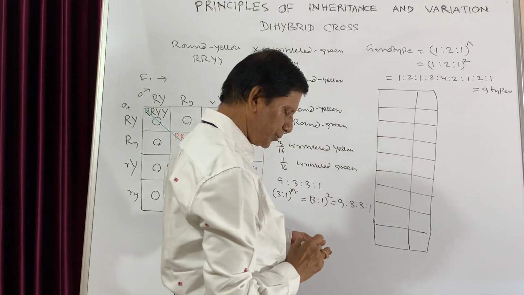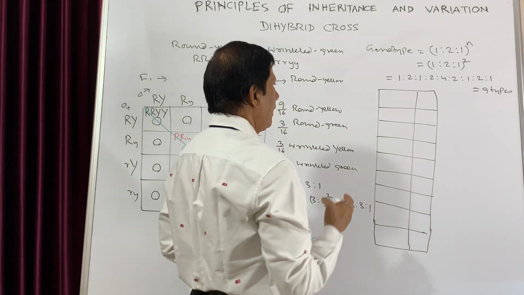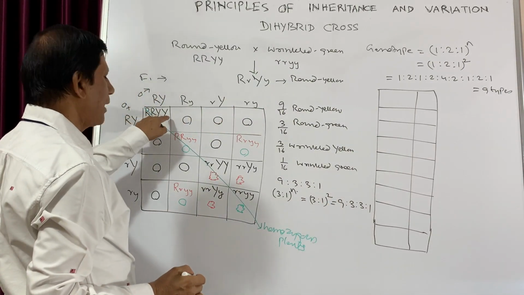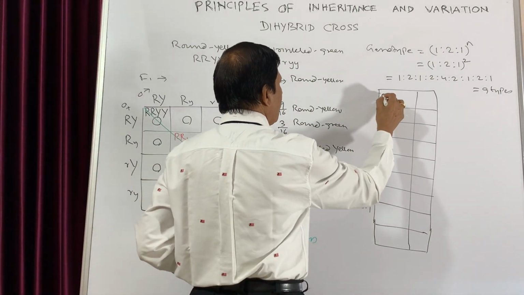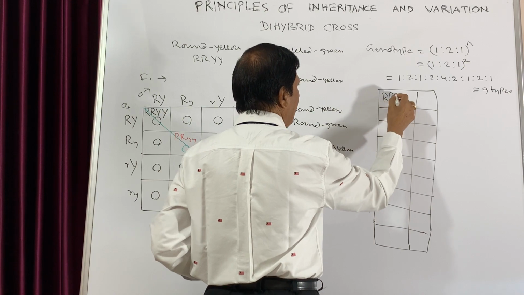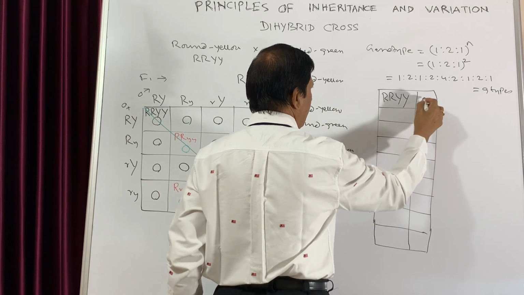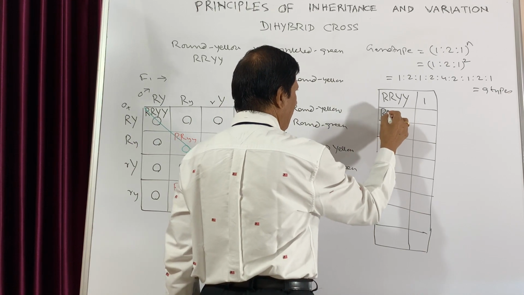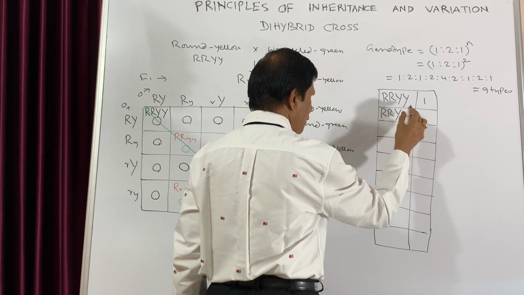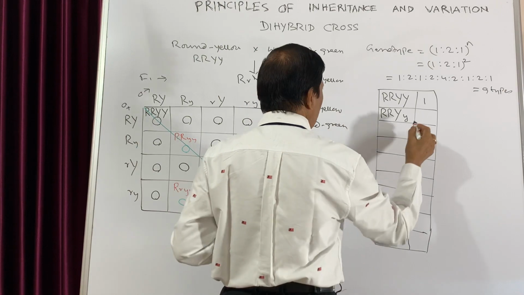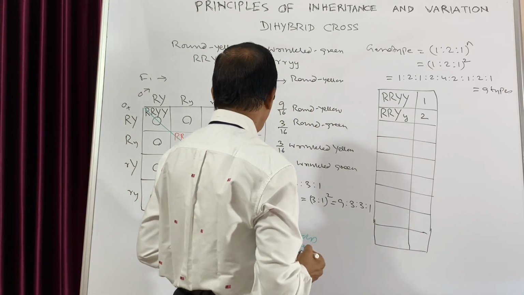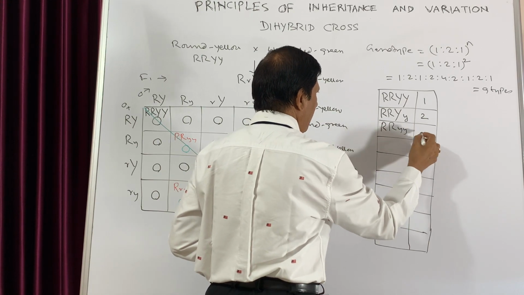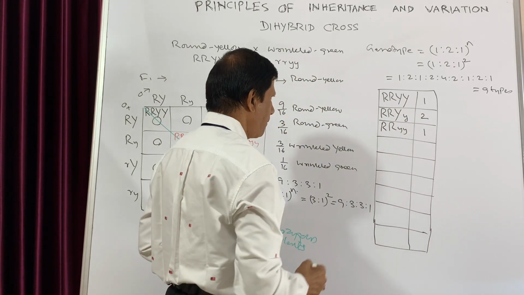Now you see, here this capital R, capital R, capital Y, capital Y is only 1. Then capital R, capital R, capital Y, small y, the number will be 2. Then capital R, capital R, small y, small y, the number will be 1.